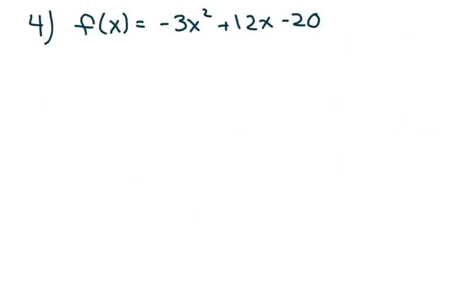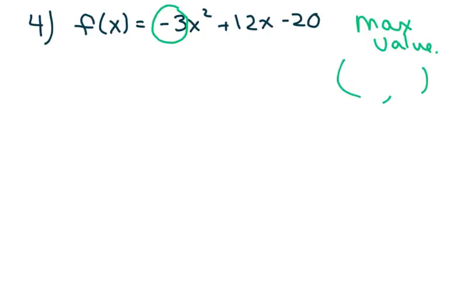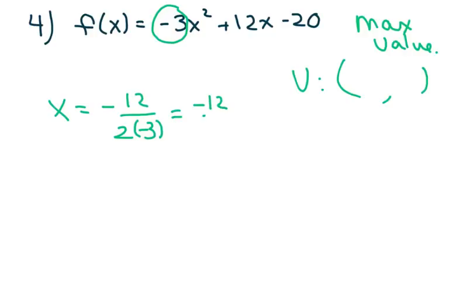All right, here's one that has a negative, so that means it has a maximum value. It does have an a, b, and c, so we just need to find out where that maximum value occurs, i.e. where's the vertex. So x equals negative b over 2 times negative a, which is negative 12 over negative 6, which equals 2.